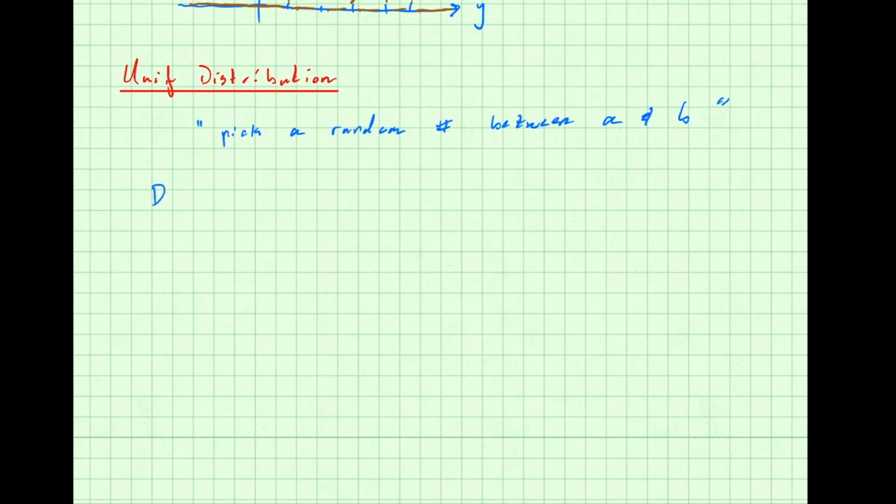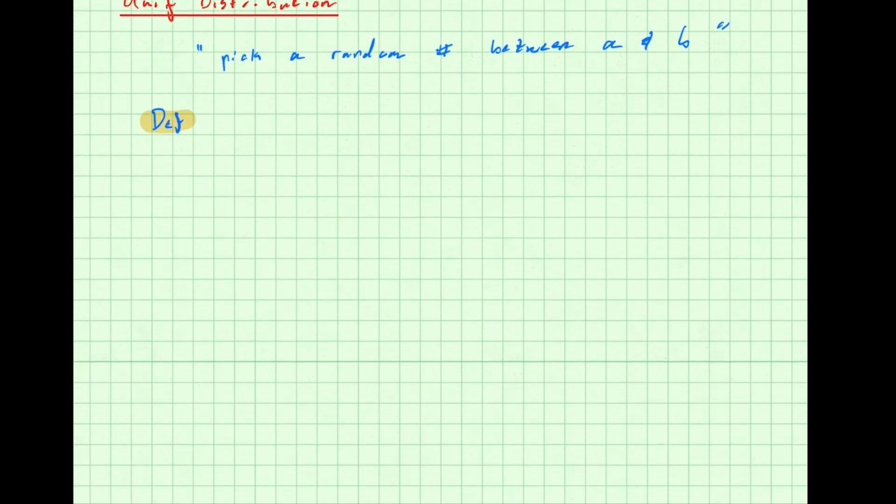So let's just look at the definition here. All right, so we say that if a continuous random variable, a CRV Y, has a uniform distribution over the interval A to B, where again, that same old song, A and B are both real.